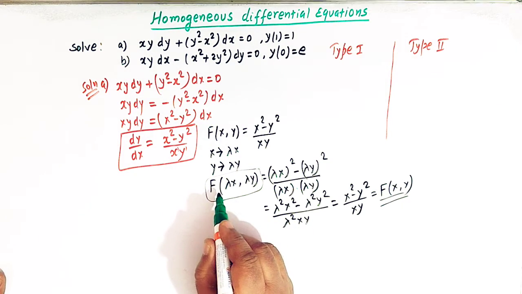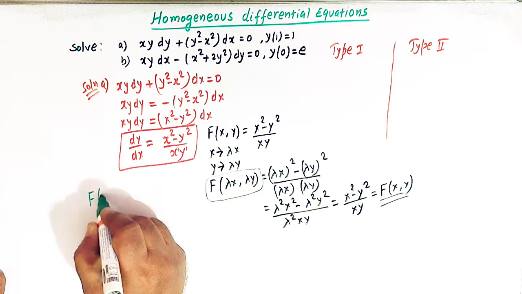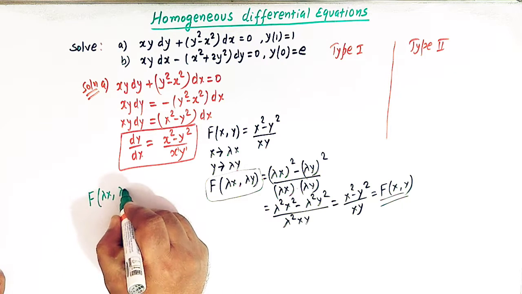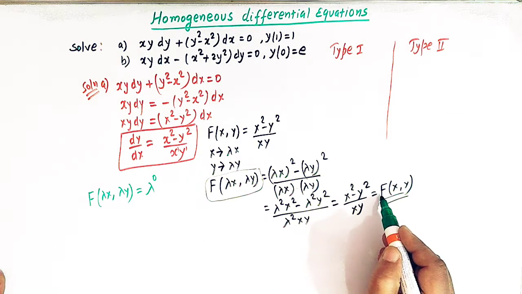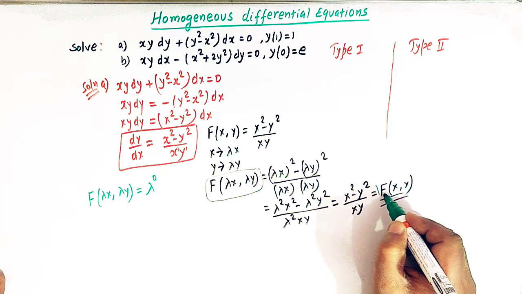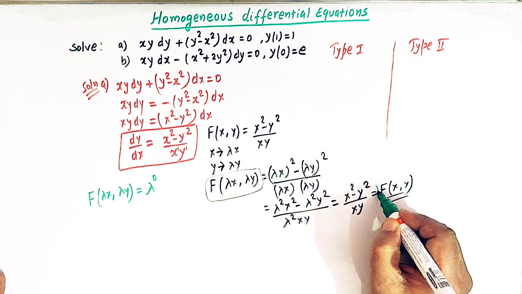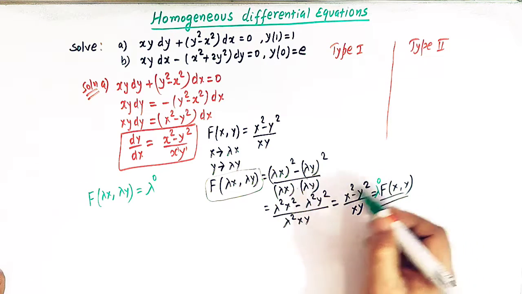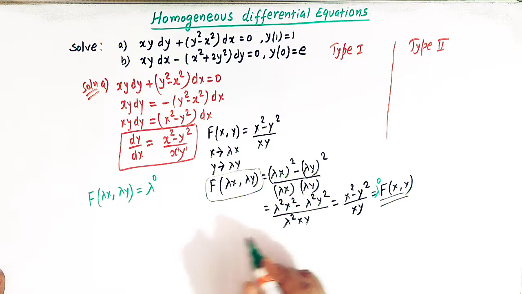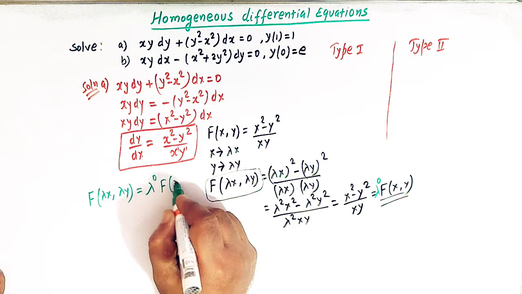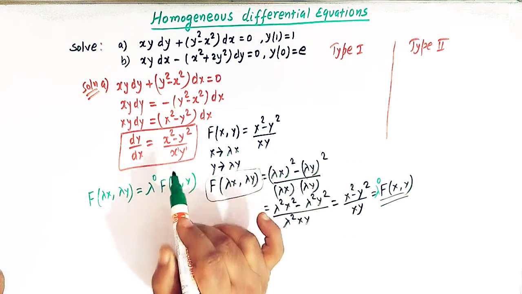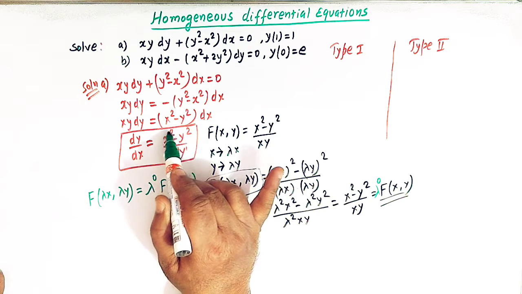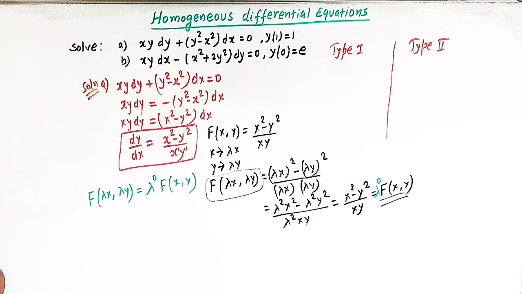So here we can also write f of lambda x comma lambda y is equal to lambda raised to 0 times f of x comma y, because lambda raised to 0 is simply 1, right? So we have f of x comma y. So here we have seen that this function is a homogeneous function of degree 0.